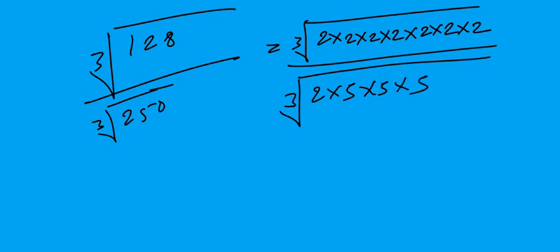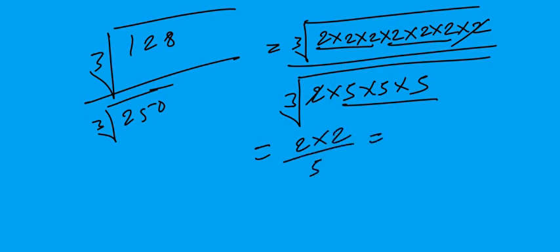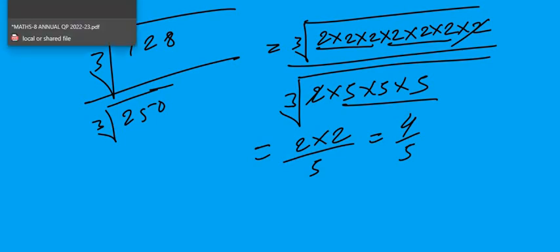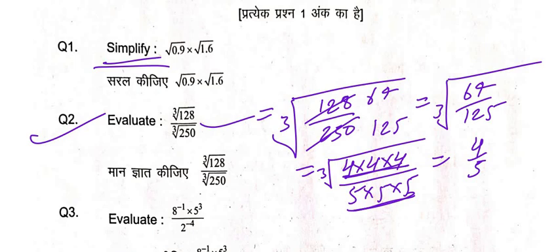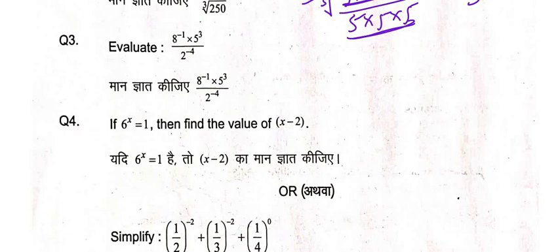So now see, one triplet, another triplet, and 2 is left. Here 5 is left, so 2 and 2 will be cancelled. When triplets are made, you have to remove them. So we are having 2 into 2 upon 5. It will be 4 upon 5. So any one method we can use, either by prime factorization, or you have to cancel it and write the triplets. Now moving to question number 3.